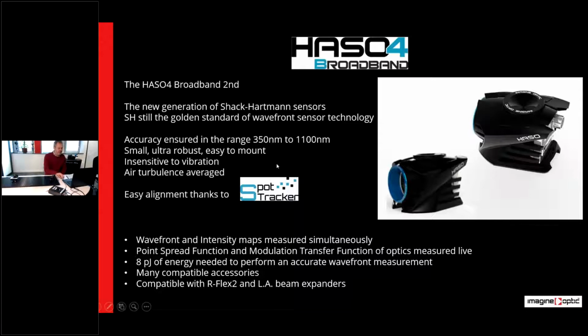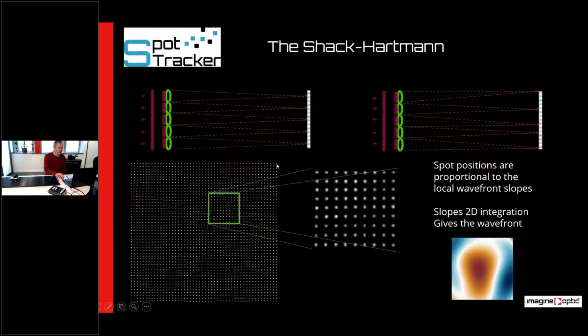We can now switch to the SpotTracker feature I talked about just before. I have to remind you how a Shack-Hartmann wavefront sensor works. It's an association between a microlens array, drawn here in green, and a detector. It can be a CMOS camera or a CCD camera.